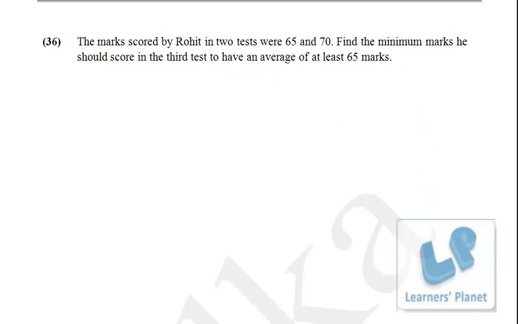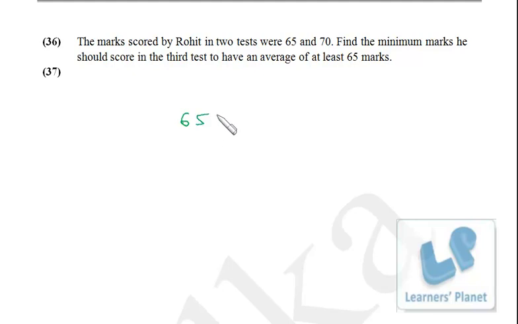Now we see this question. The marks scored by Rohit in 2 tests were this and this. Find the minimum marks he should score in the third test to have an average of at least 65 marks. So I assume the marks in the third test is x, right?